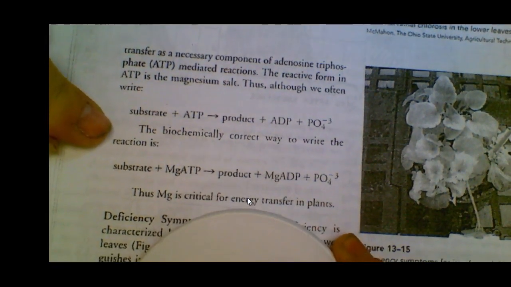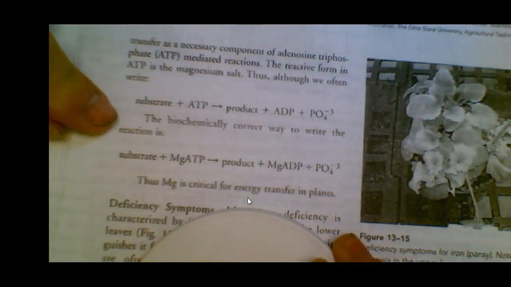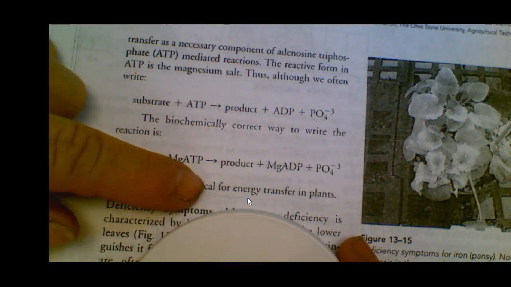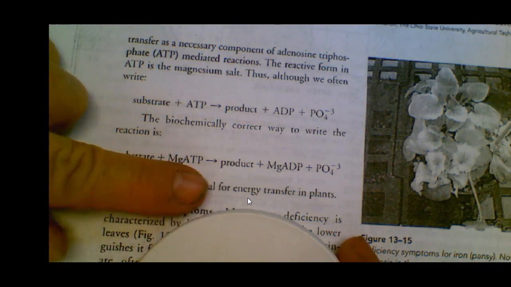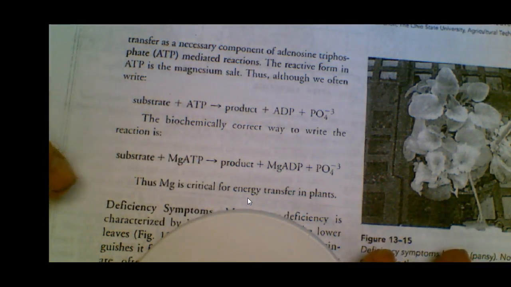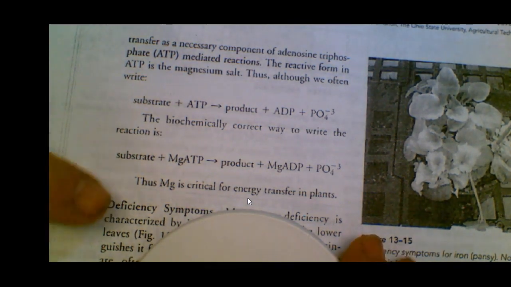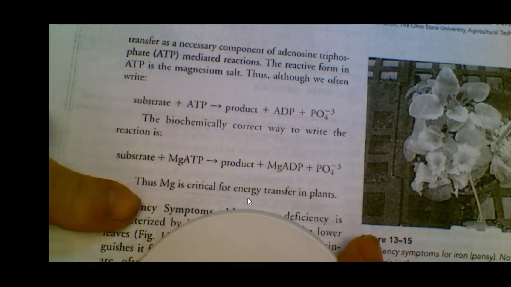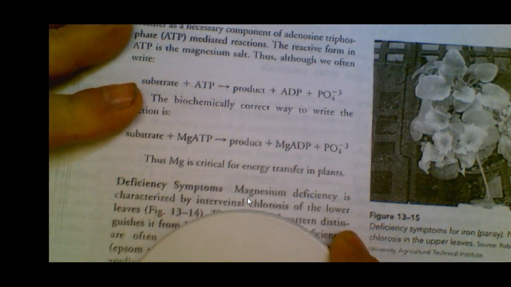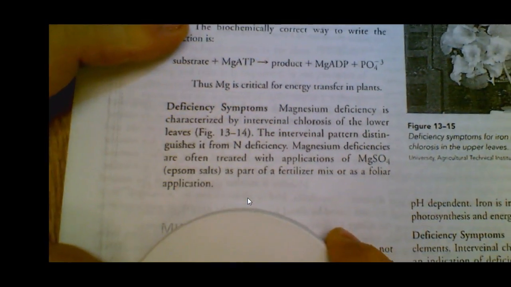The correct way to write that reaction is your substrate plus the magnesium-activated ATP gives you a product, and the magnesium stays with the ADP, and the phosphate is by itself. So magnesium is the critical driver for energy transfer in plants.